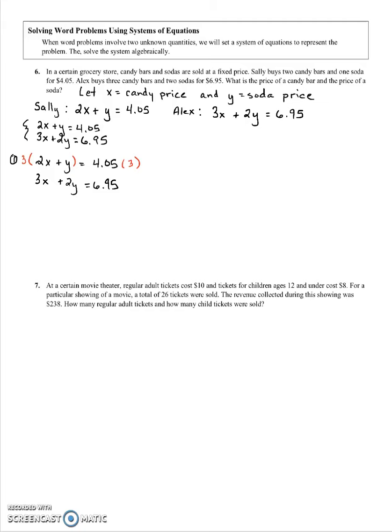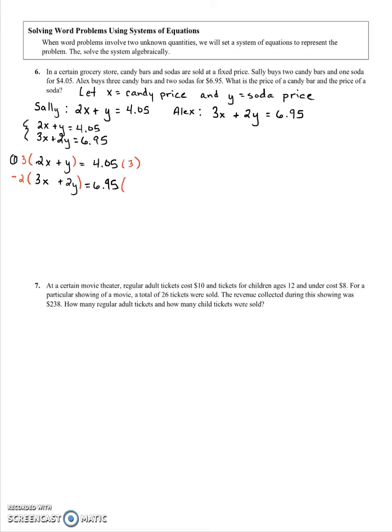When I distribute, I'm going to end up with a 6x. So if I get a positive 6x in the first equation, and I'm going to use the addition method, that means I need to get a negative 6x in the second equation. And the way I do that is multiply by a negative 2.